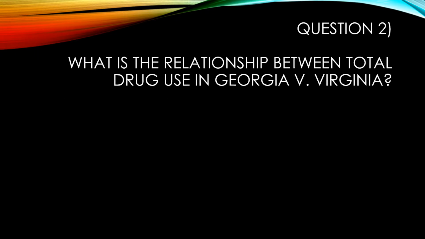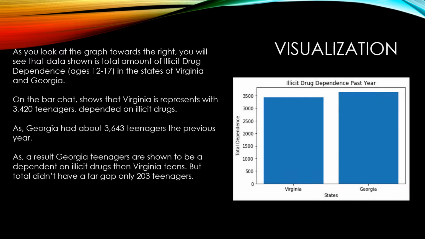Question number 2. What is the relationship between total drug use in Georgia versus Virginia? As you see in the bar graph on the right, the data shown is the amount of listed drug dependency between the ages of 12 and 17 in the states of Virginia and Georgia.